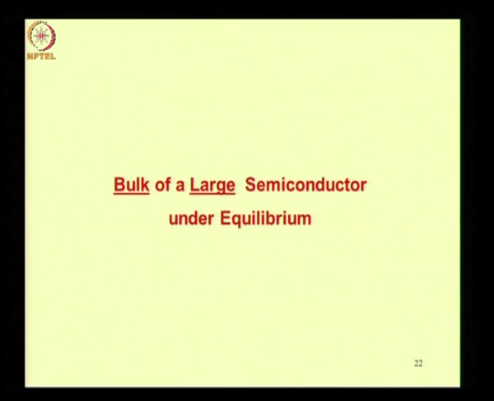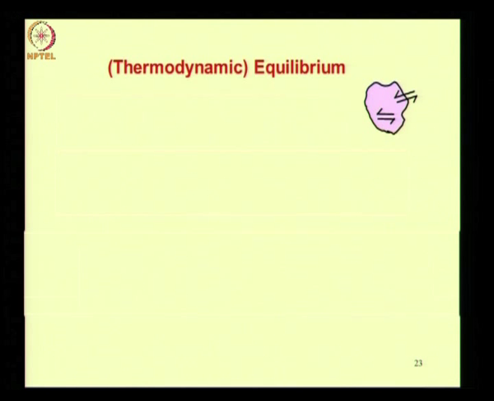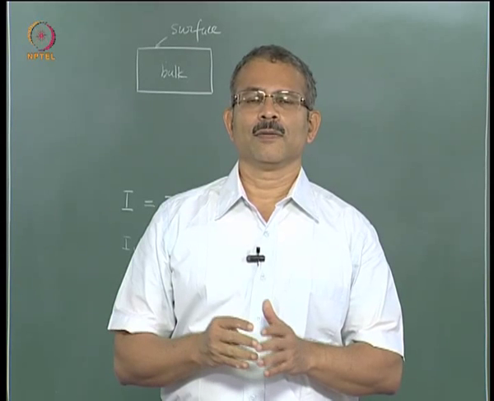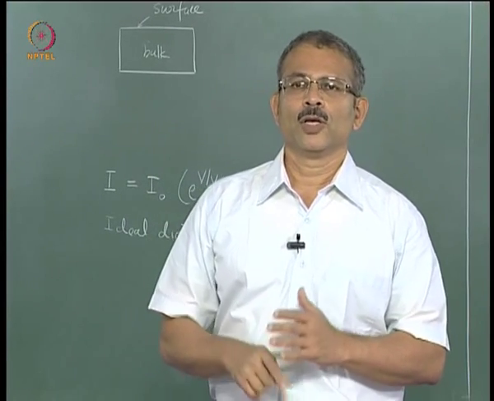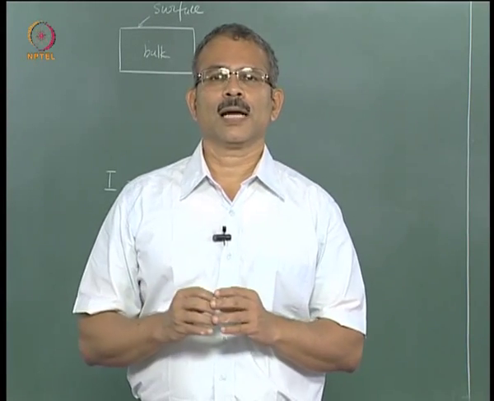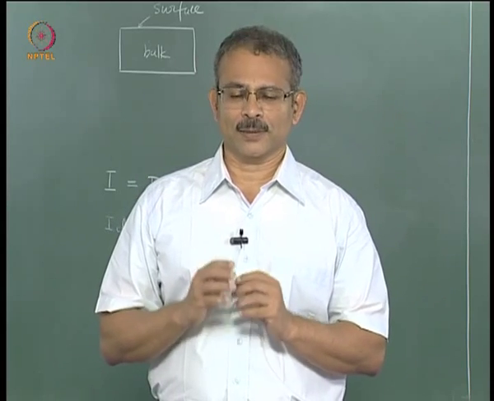So we begin with the analysis or model of a large semiconductor bulk under equilibrium. Let us start with the definition of thermodynamic equilibrium. This topic has been discussed in detail in the first level course on solid state devices, which is already available on YouTube, so you can refer to that discussion. Here I am just going to summarize the important points.